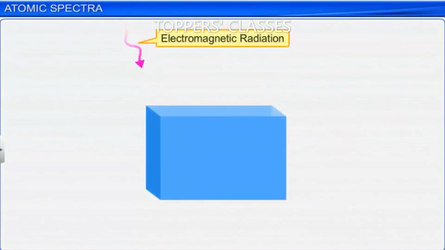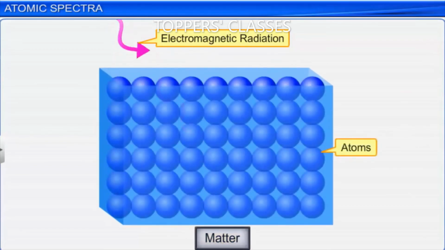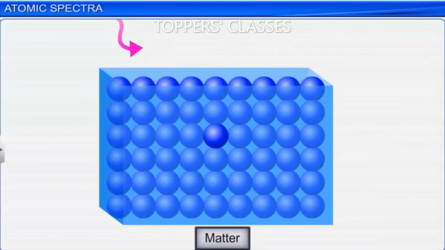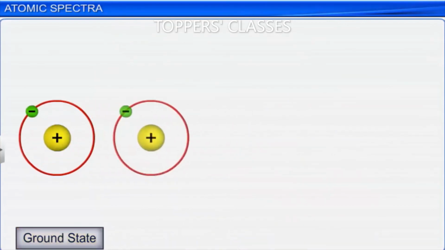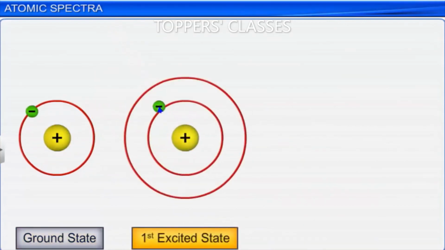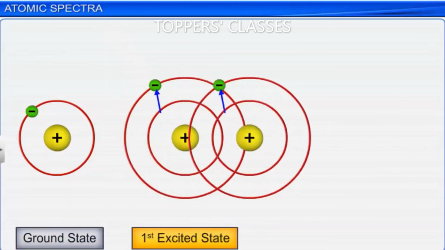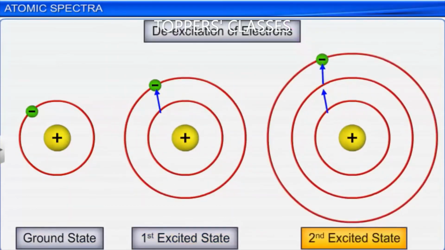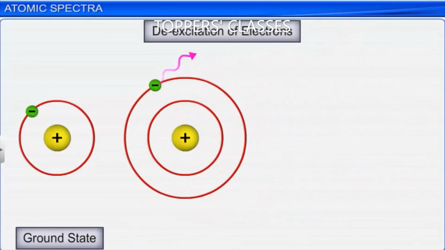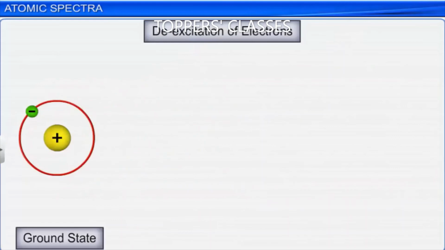When electromagnetic radiation interacts with matter, atoms and molecules absorb some part of the radiation and go to a higher, unstable energy state called excited state. As the atoms are unstable in their excited states, they tend to revert to their original state, called the ground state, by emitting the same amount of energy that they had absorbed earlier.